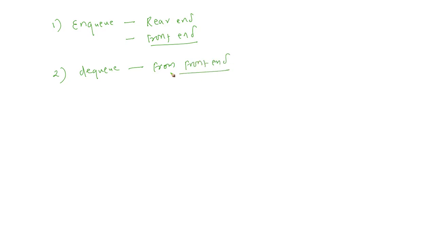In a normal queue we perform DQ from the front end only, but DQ from the rear end was not performed. So NQ from front and DQ from rear are done only in a doubly ended queue. That means I am able to perform NQ as well as DQ from both ends. That's why it is called a doubly ended queue. Now we will implement this doubly ended queue using a circular queue.